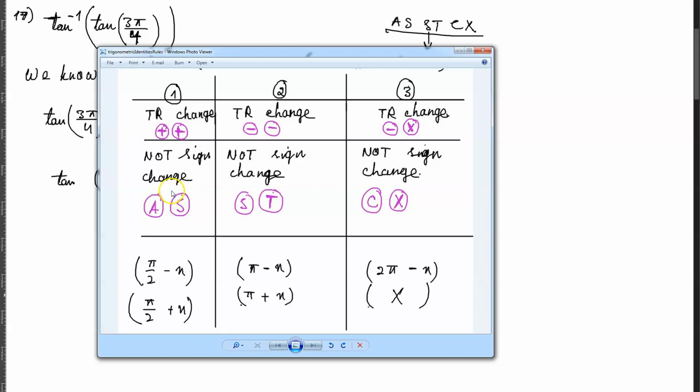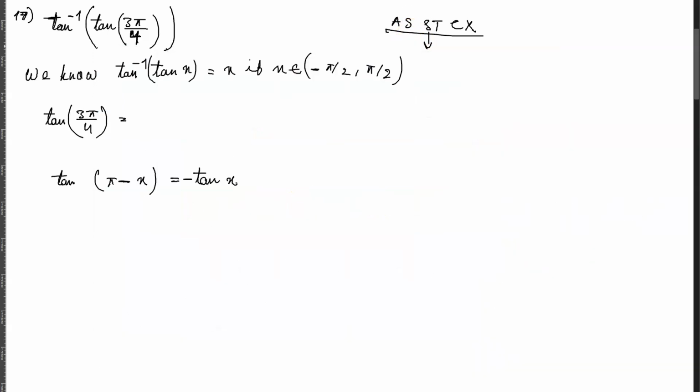So the only case in which the trigonometric ratio changes is pi by 2. And the second thing that you need to learn is the sign change, ASSTCX.